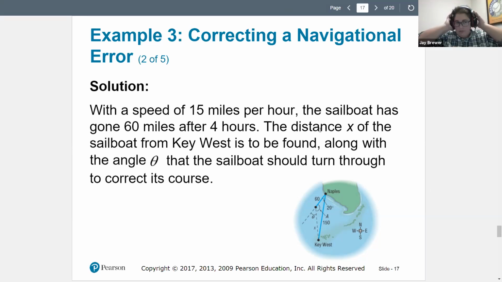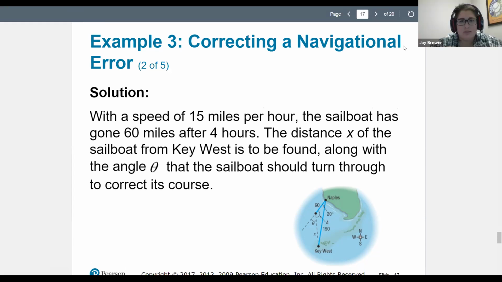What's that? So we could use the law of cosines to find X. Yes, we're going to use the law of cosines to find X. And I will go back over into the whiteboard and we will start that process.